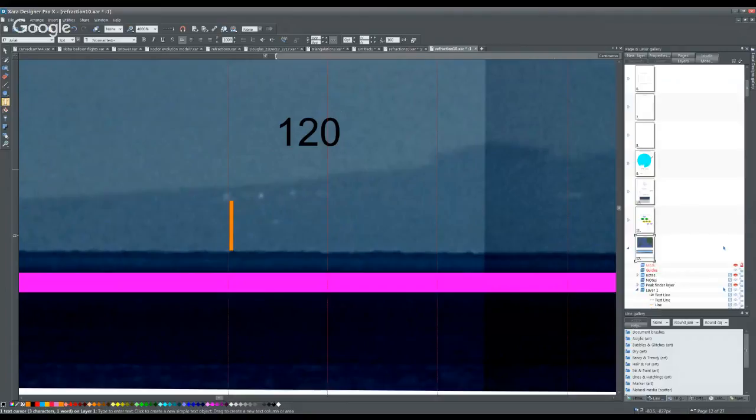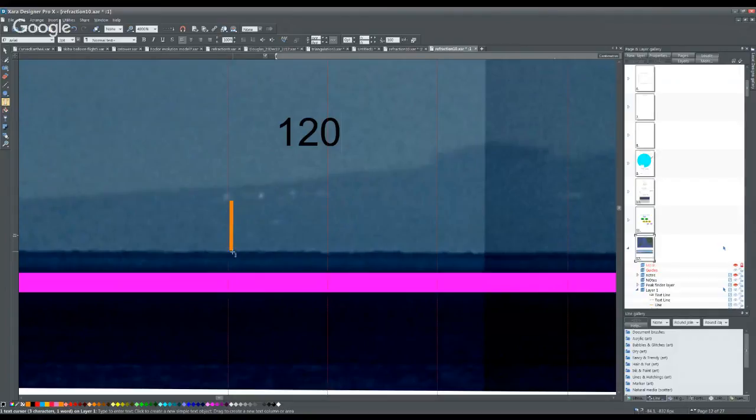Right, so we've got 120 meters that Google Earth is telling us how high this is. Now if we go to the Metabunk calculator and type in how much should be missing.